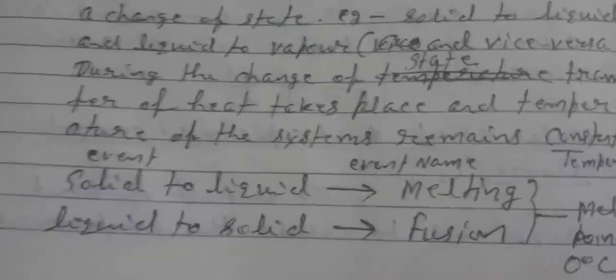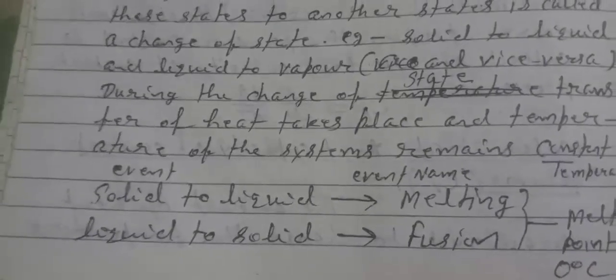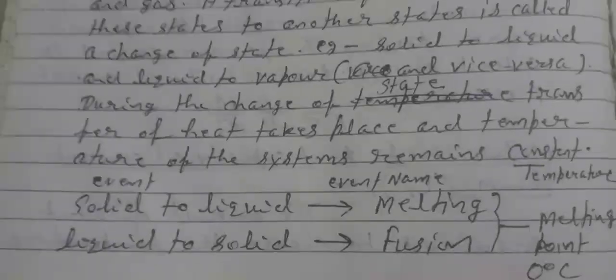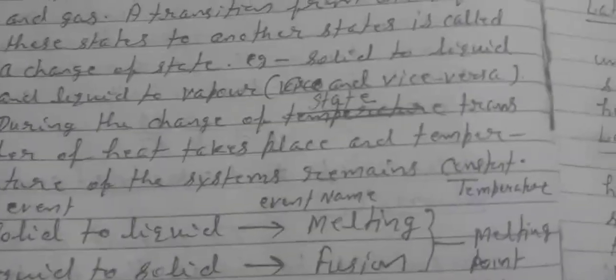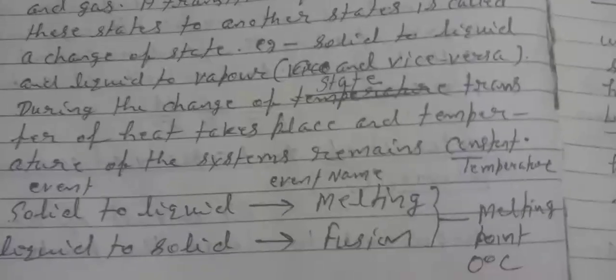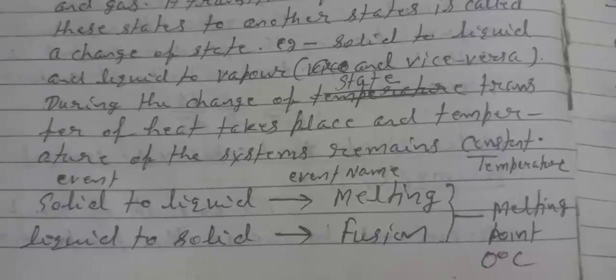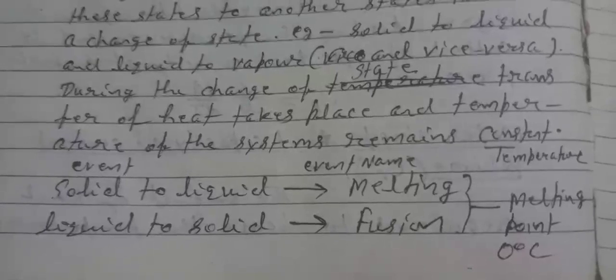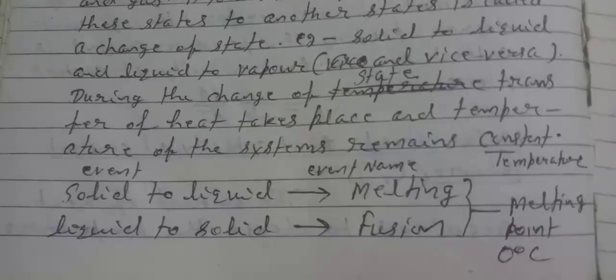For example, when a solid body changes to liquid, this is called melting, and the melting point is 0 degrees Celsius for water. Again, liquid to solid is called fusion, and its melting point is 0 degrees Celsius.